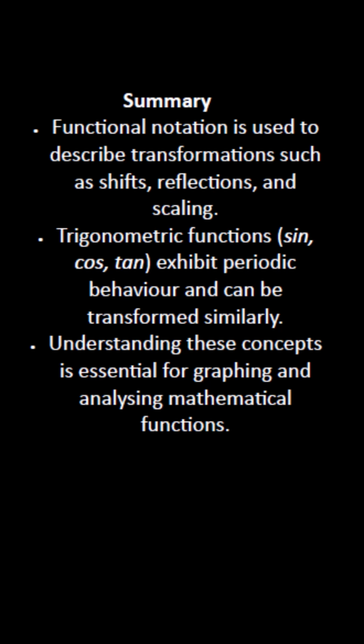So to wrap up our deep dive today, we've explored how functional notation, that fundamental f of x language, really helps us describe mathematical relationships. And we've looked at how applying specific transformations, reflections, shifts, and scaling to a function's equation directly changes its graph, both for general functions and for trig functions.